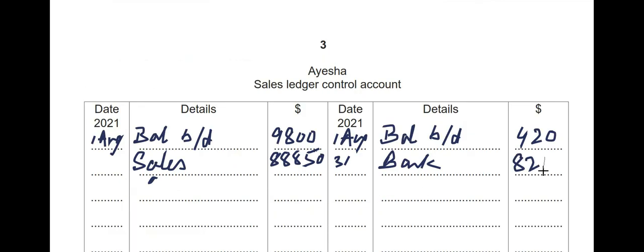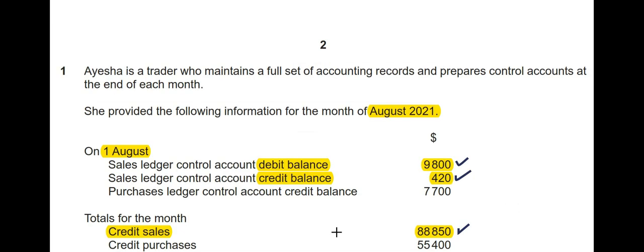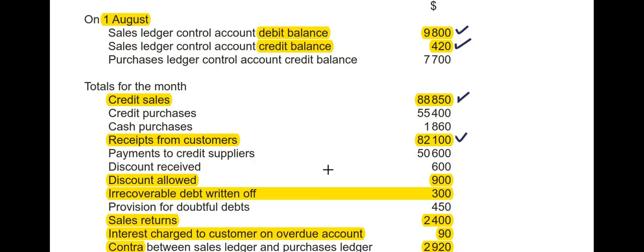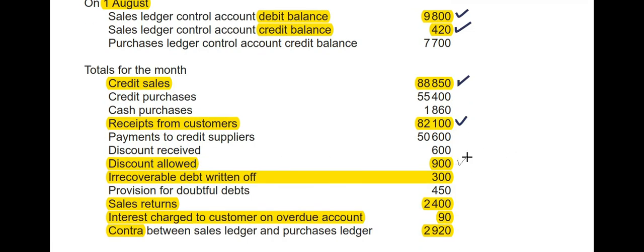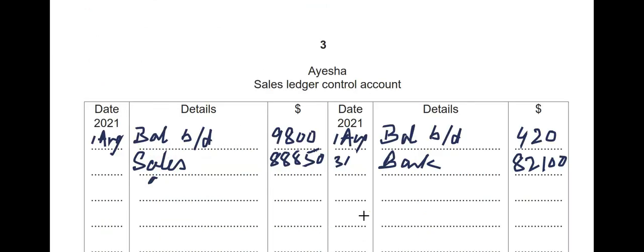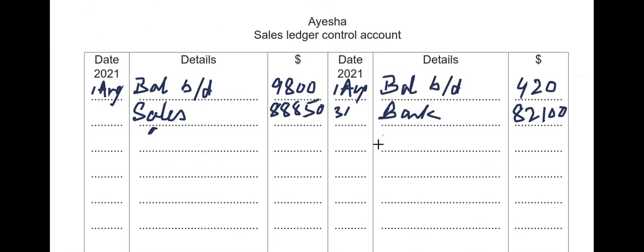So 82100 has already been paid to us by our credit customer. Moving on, we have discount allowed and bad debt written off. So discount allowed 900 will also go on the credit side.